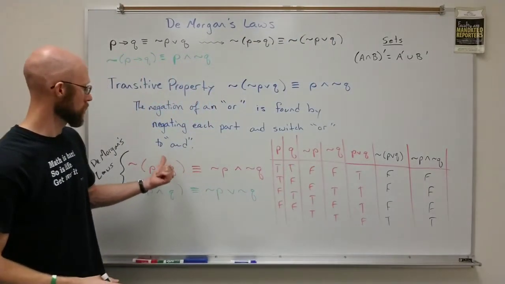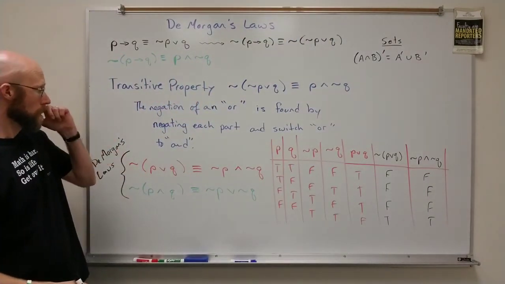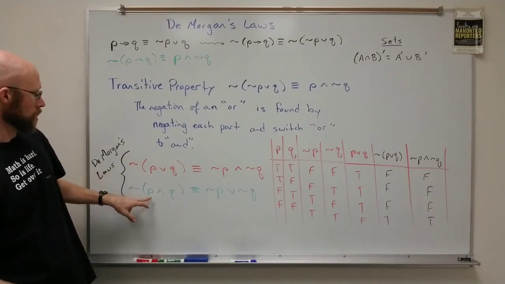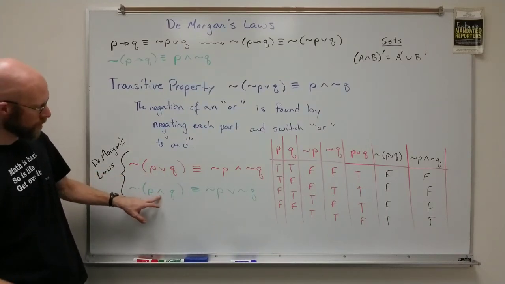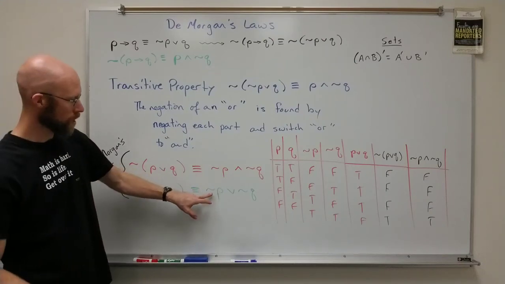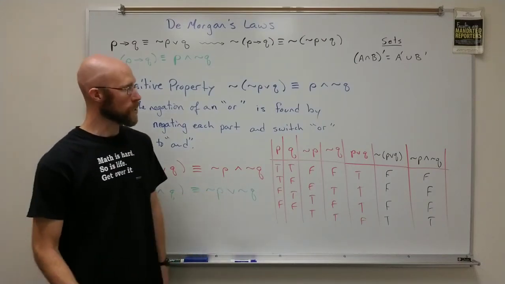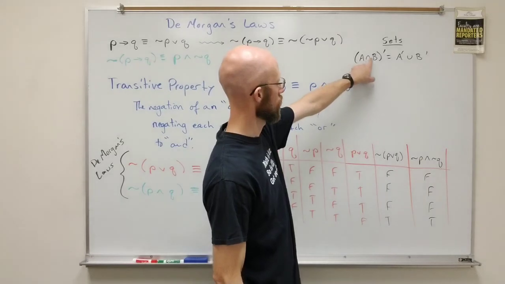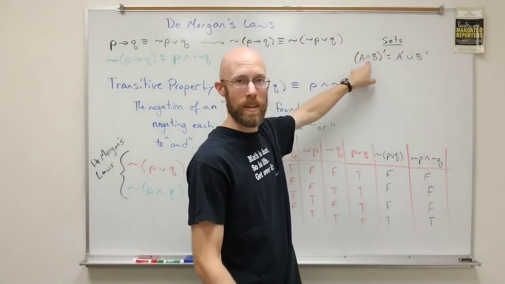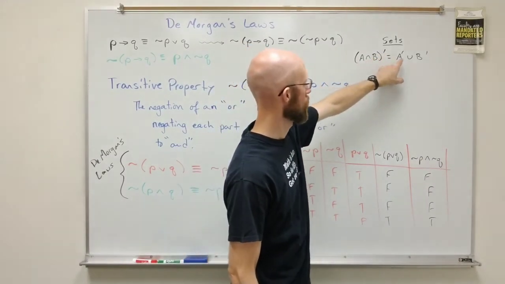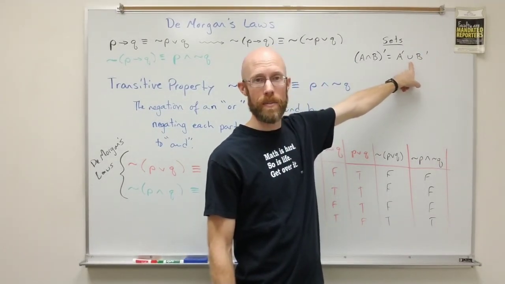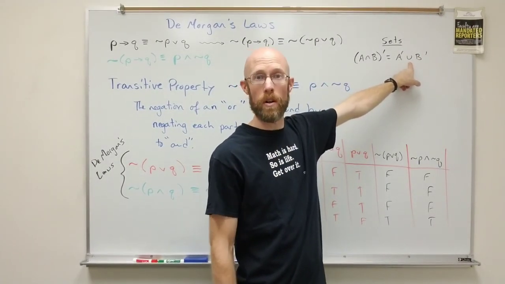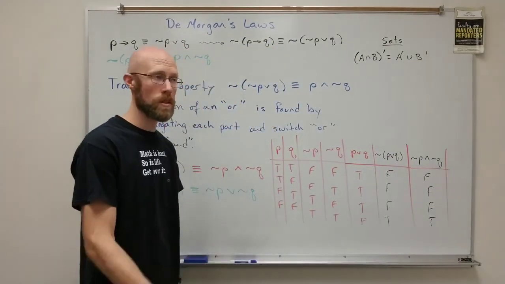Kind of looks like this. You kind of think about this one right here, right? The negation of a conjunction, negation of an and, is the or of the negations. An intersection is like an and, and the or is the union.